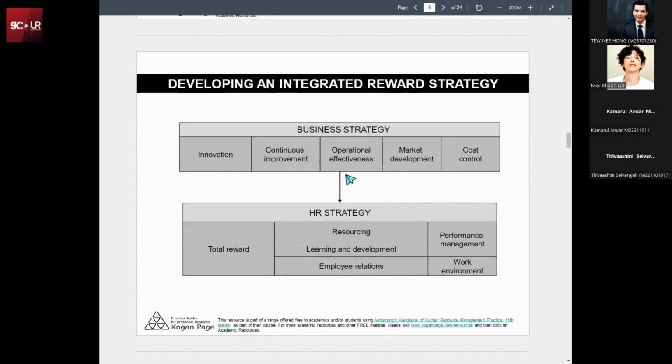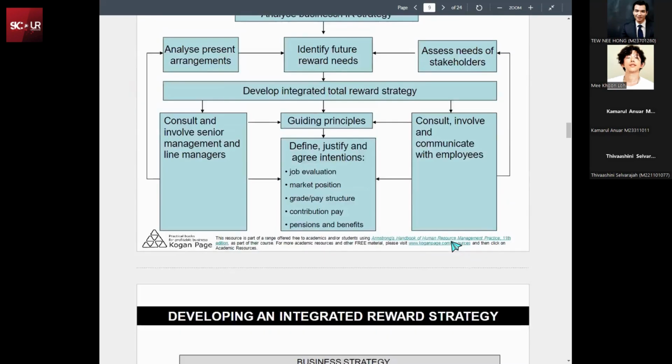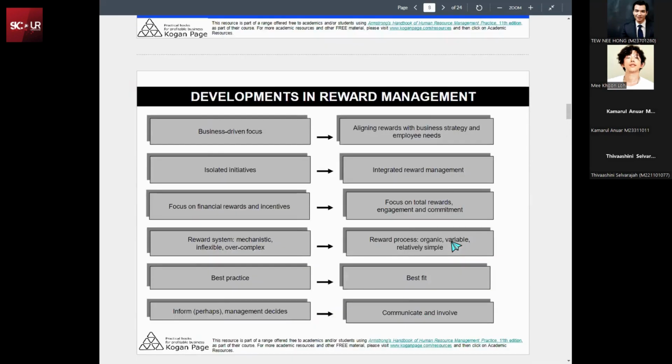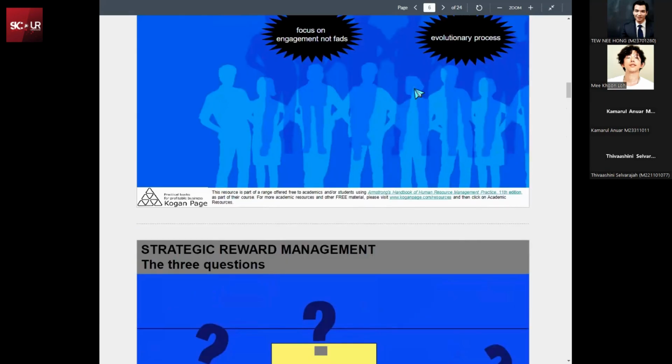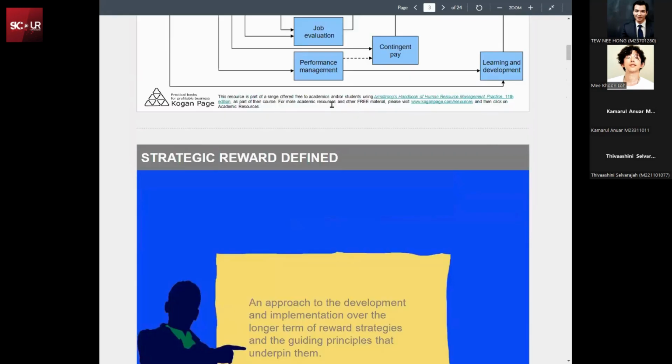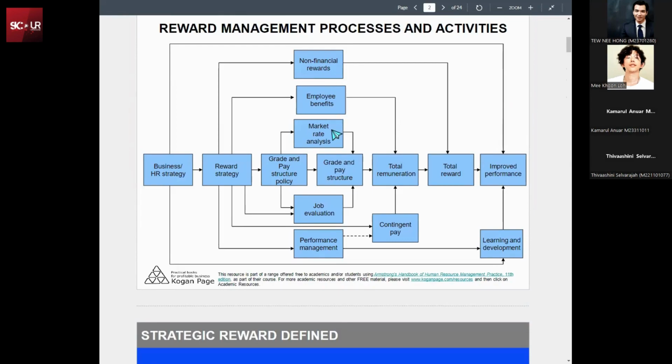Right? After that, they must put this business strategy into the understanding of HR, because they must implement and create the total reward. Where is the total reward? Here. So you look aside at the employee benefits, non-monetary benefits, and then employee rates, everything, grade pay, job structures, performance management that we want to apply, total up remuneration, and come to total reward.